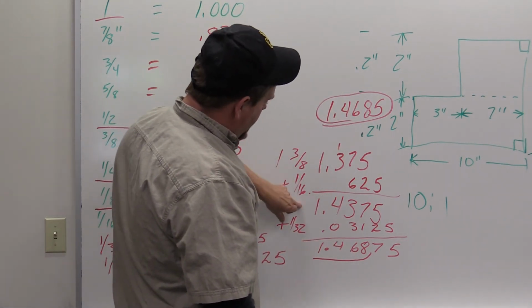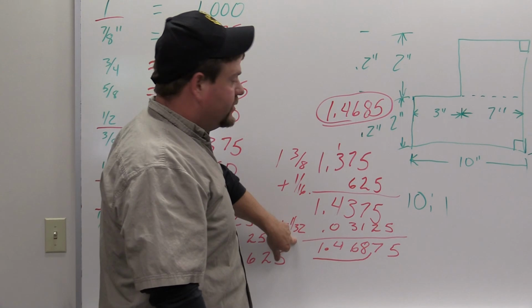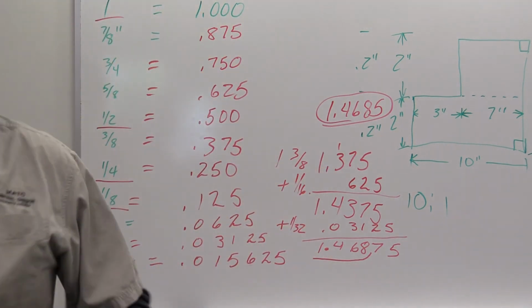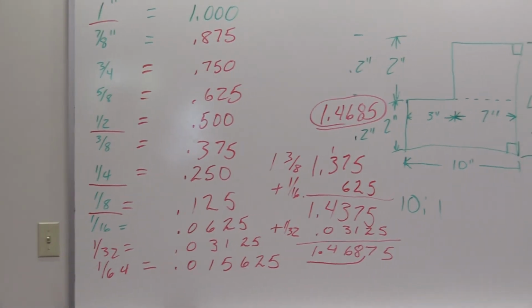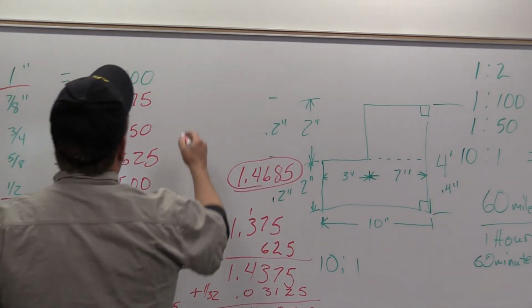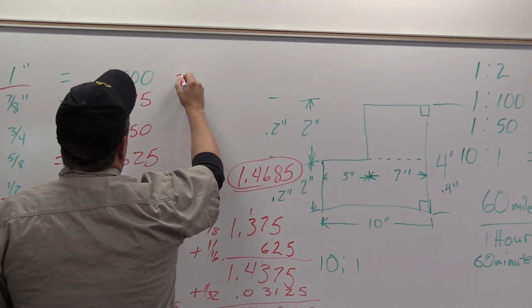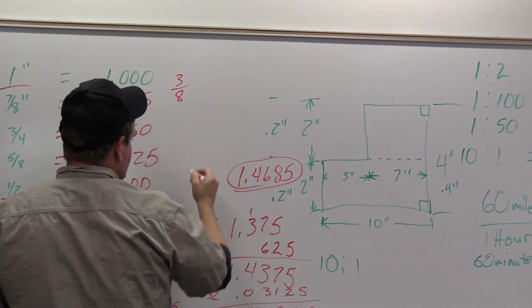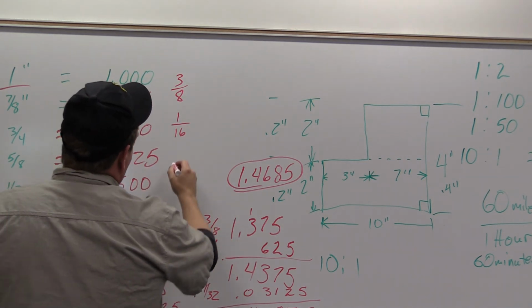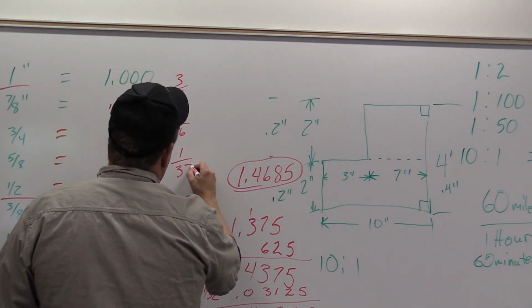So we need to find the common denominator again, correct? So let's take our problem back up top. We have 3/8, 1/16, and 1/32.